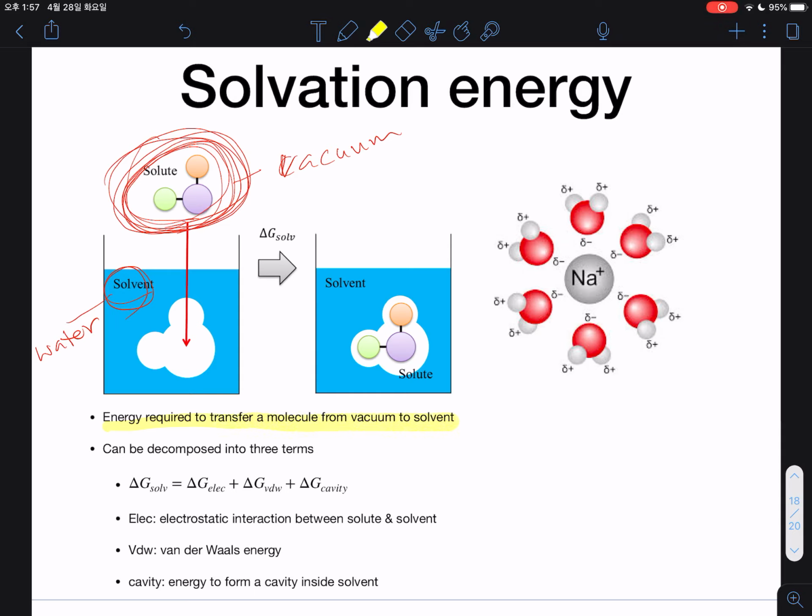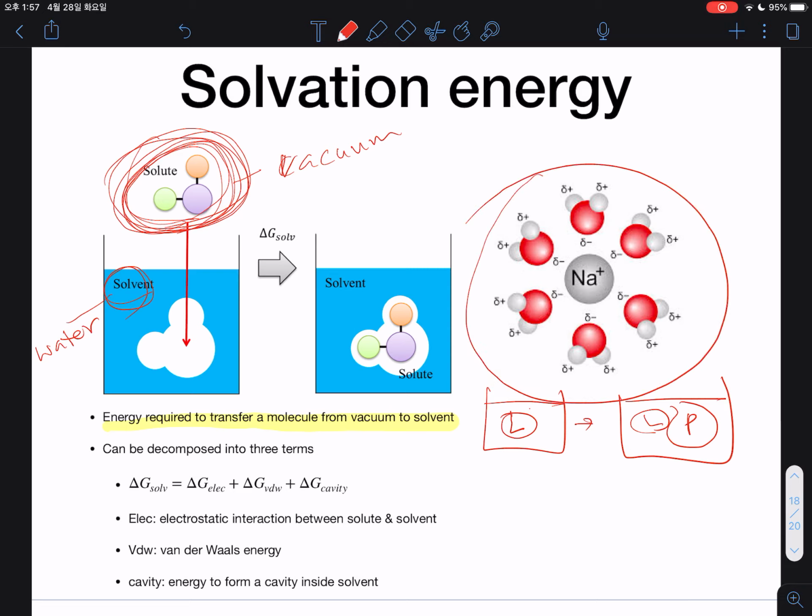The solvation free energy should also be considered in the protein-ligand complex, because when the ligand is solvated it is interacting with water molecules, but when it is bound with a protein, it loses some interaction with water.